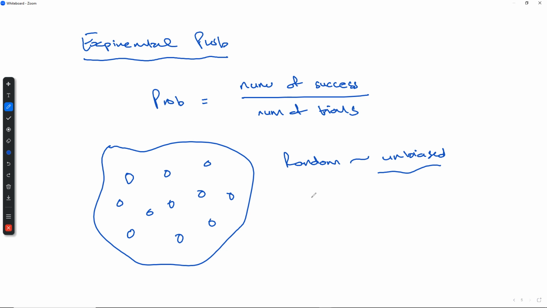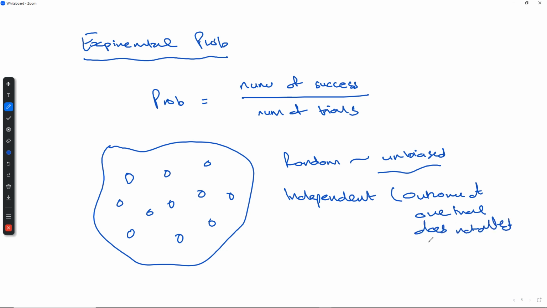Then there's the word independent. Independent is when the outcome of some kind of trial does not affect the result of the others. So the outcome of one trial does not affect the others.